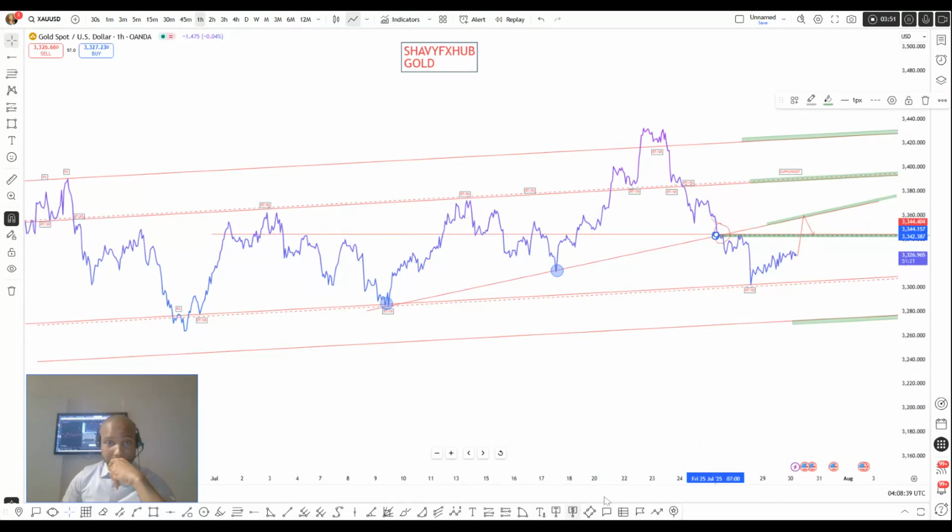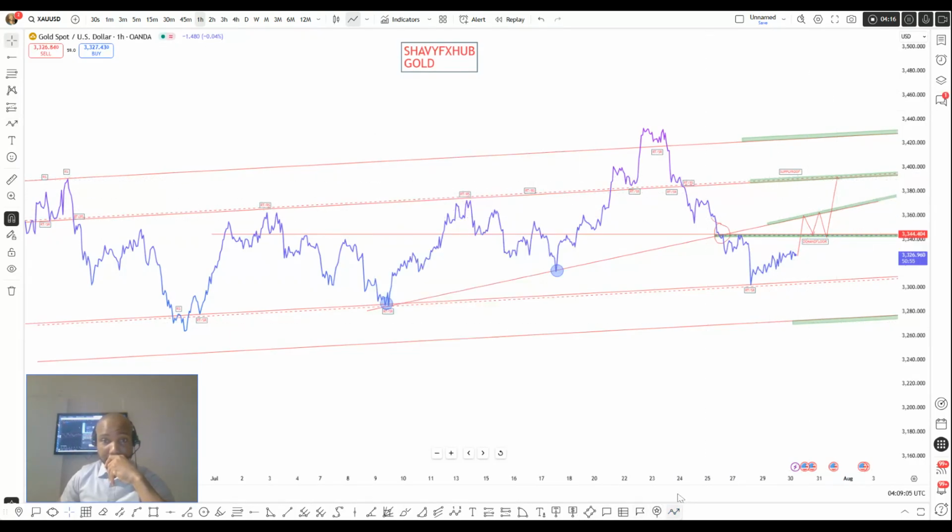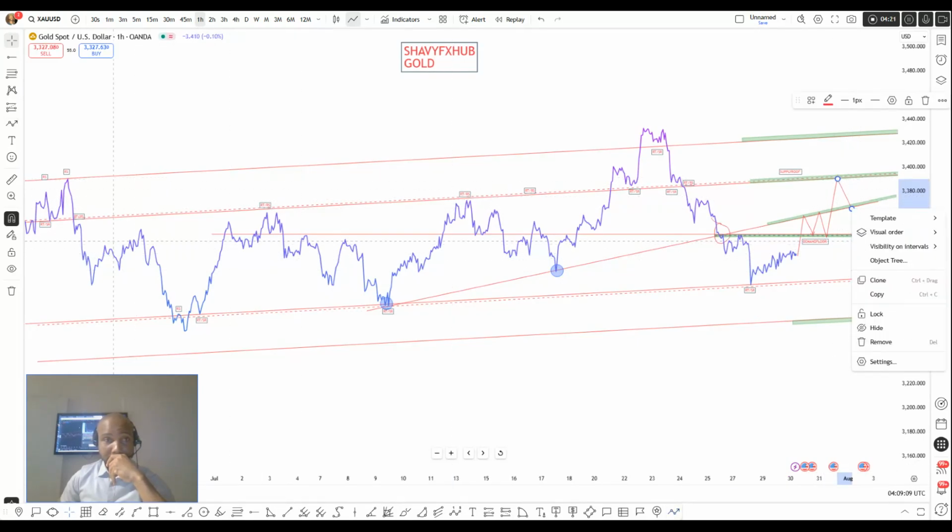So no one can actually tell if that's what buyers want to do, but there's a possibility. They could use it as a demand floor. So if they use it as a demand floor, then we have another probability to retest the structure before we go into the 3,400 zone, where we also expect another bearish drop as a result of the price action at this level.